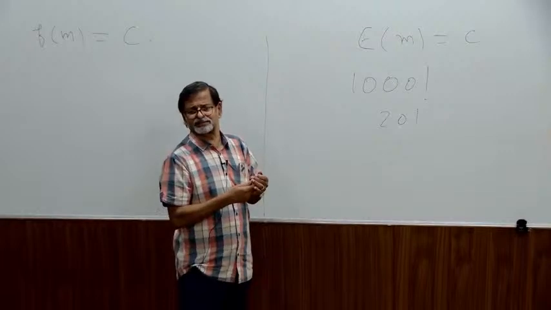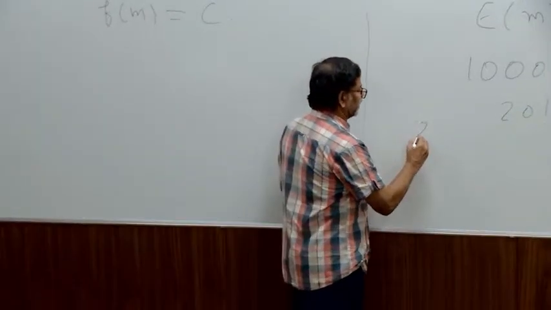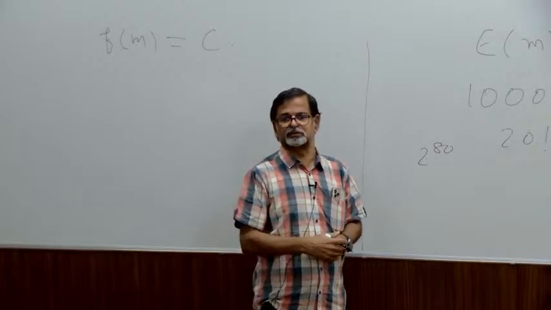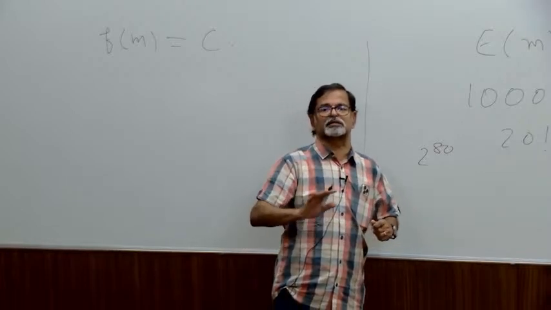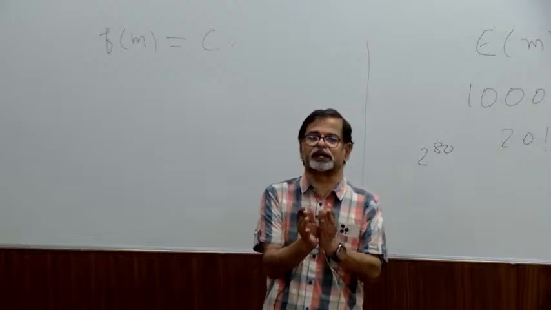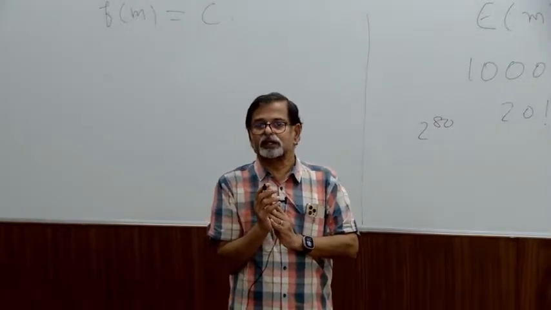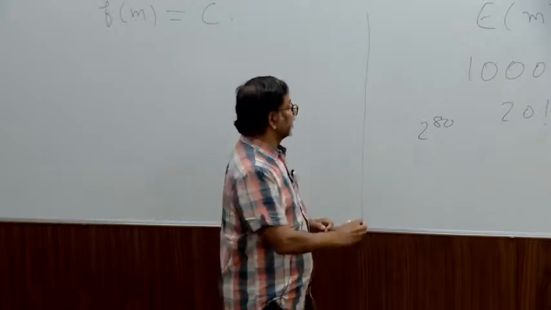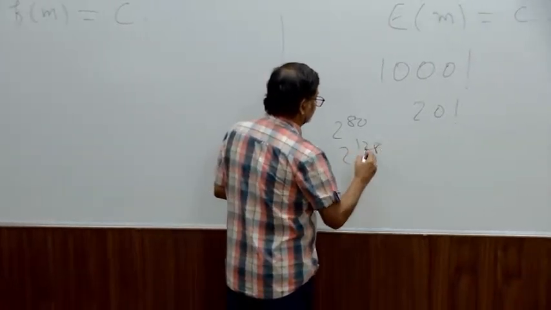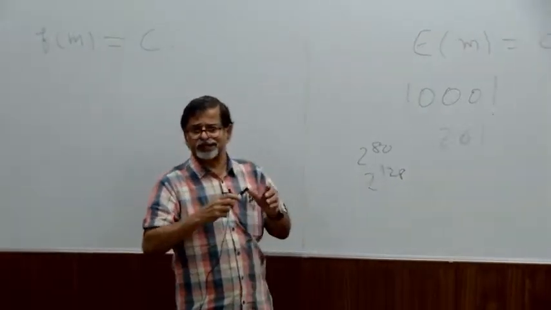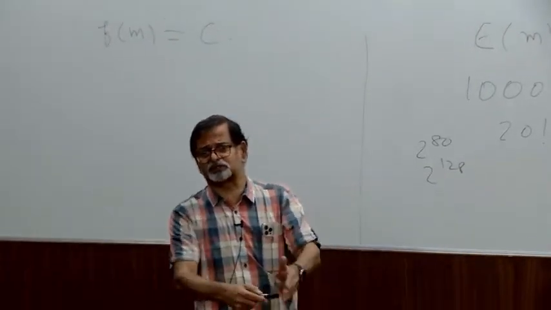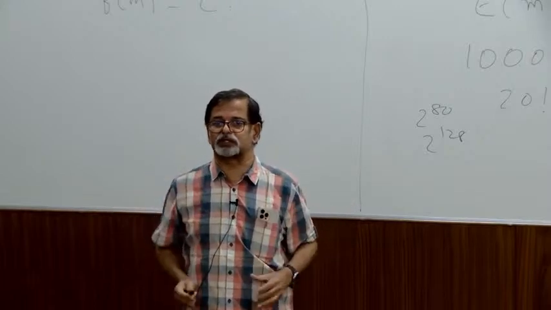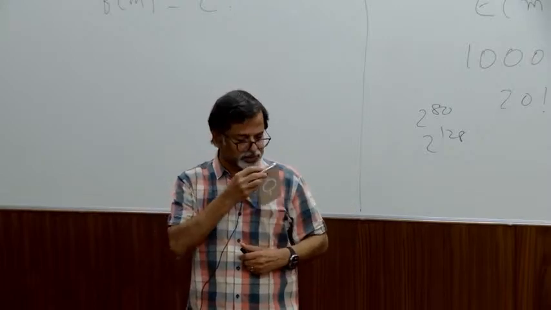Things like typically 2 power 80 steps are computationally infeasible. If there is an algorithm or a process that requires 2 power 80 computations, by today's standard, it is declared as computationally infeasible. Therefore, if I need 2 power 128 steps to solve this problem, I will be very happy to leave that problem open to you because you will not be able to get the answer.